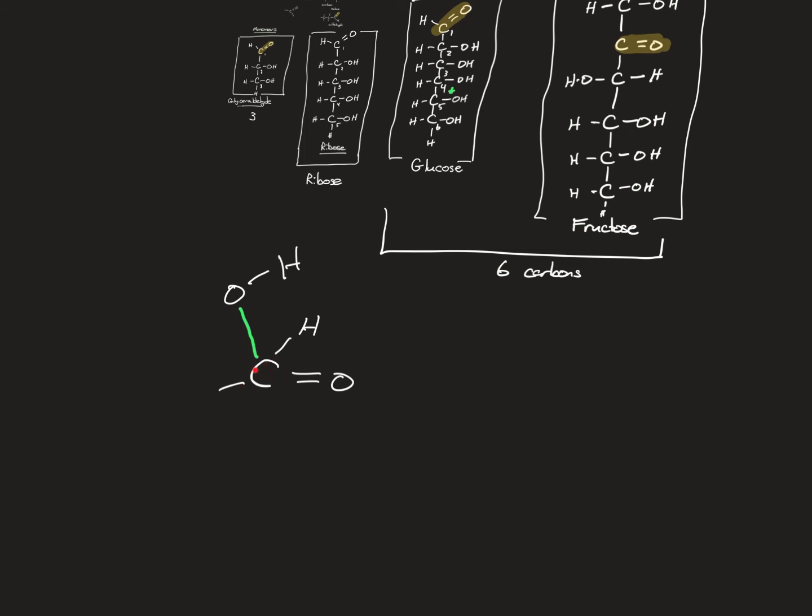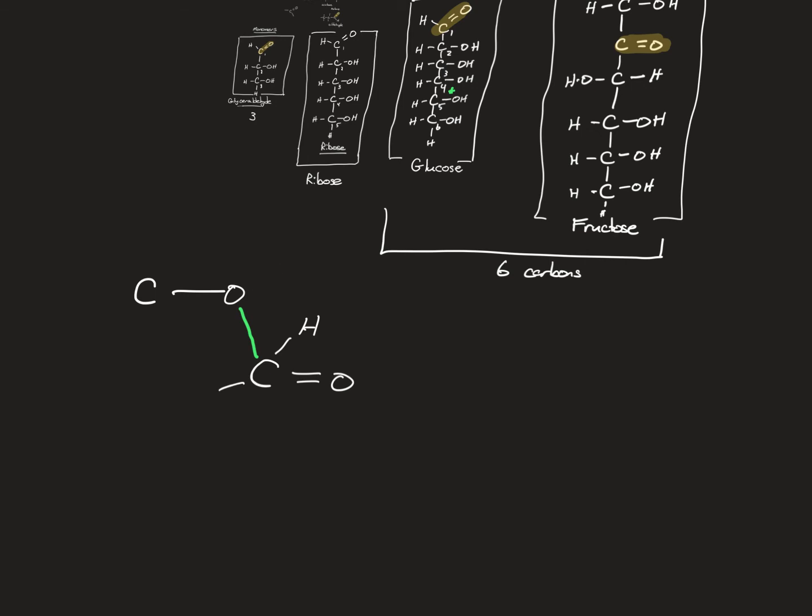And oxygen can only make two bonds, and right now it has a bond to the carbon that's over here. So in order for this to make a ring, this oxygen has to stay connected to this carbon as it connects to this carbon. In order to do that, this hydrogen has to leave. So the hydrogen leaves.